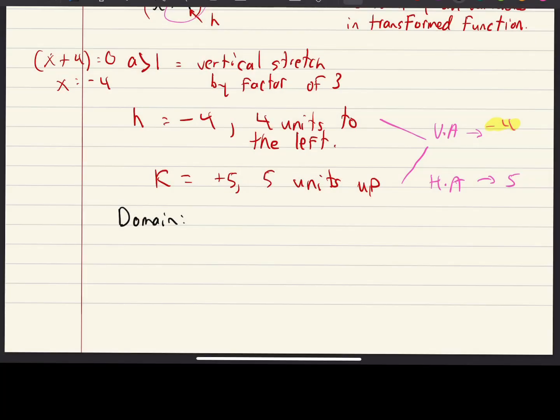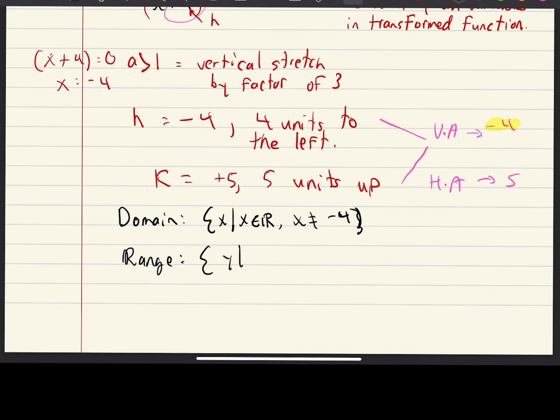So if we're writing our domain here, we would say that for all x values such that x is all real numbers and x cannot equal negative 4. And then for our range, it's going to be something similar. We're writing this in set builder notation here.